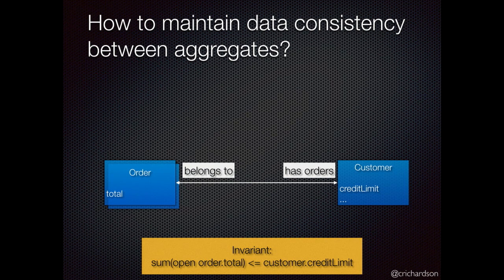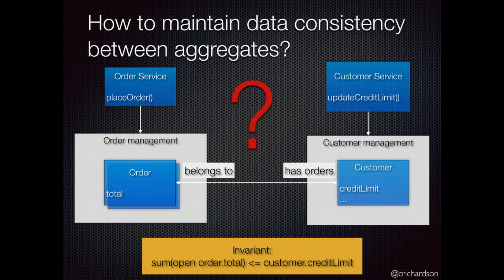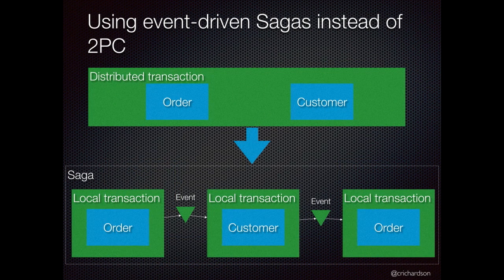And as I showed earlier, in a monolithic system with a monolithic relational database, enforcing that is trivial. But now in this microservice architecture where different aggregates are in different services and in different databases, we have a problem. And as I mentioned earlier, you cannot use two-phase commit. And so the solution to this is to use what are known as sagas.